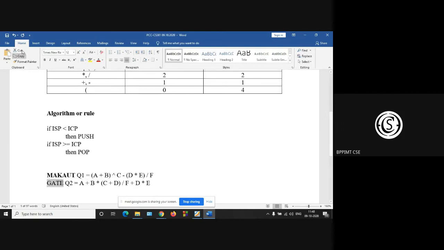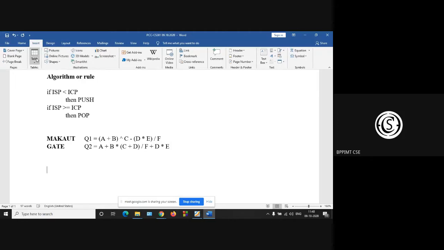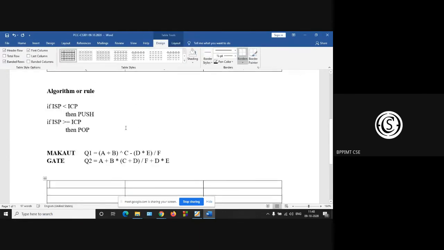Now, how to solve these two problems? Two expressions are given, and now we have to solve this. First of all, we have to draw a chart with three columns and a number of rows.